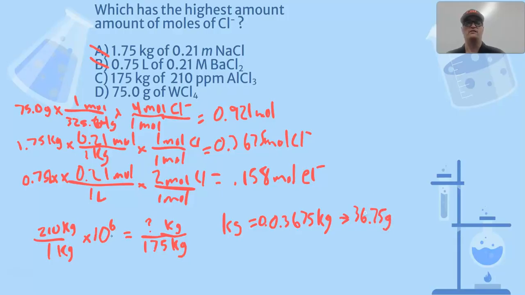And so then from here, I'm going to go grams to moles, in which I've got 137.33 grams for every 1 mole of my aluminum chloride. And of course, 1 mole of aluminum chloride is 3 moles of chloride ions. So that ends up giving me 0.827 moles of chloride ion.